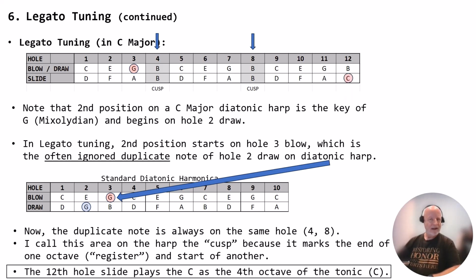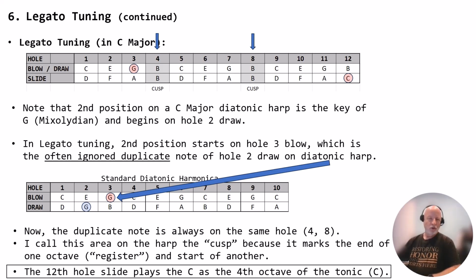And now at the top, because it's always nice to have the ability to play that 4th octave, the 12th hole slide plays C as the 4th octave of the tonic in first position.